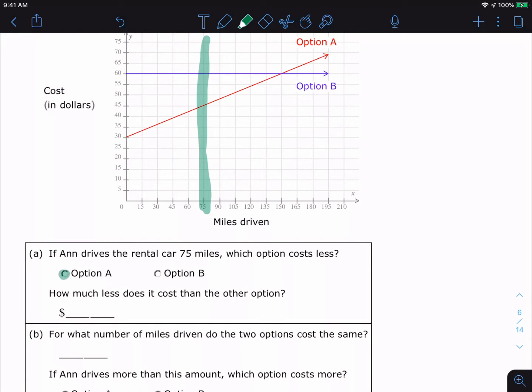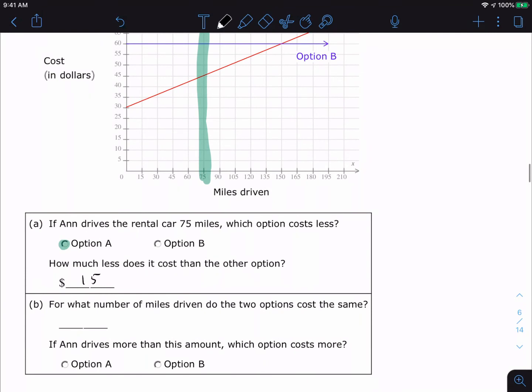Option A. Cool. How much less does it cost than the other option? Well, one's $60 and that one looks to be $45. So what is that? $15 difference? Right? Yeah, 15.